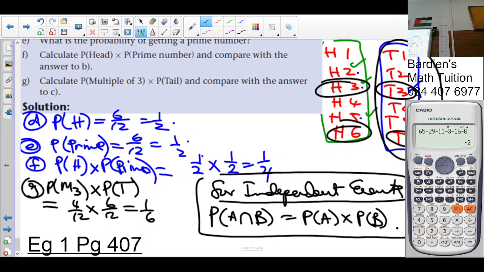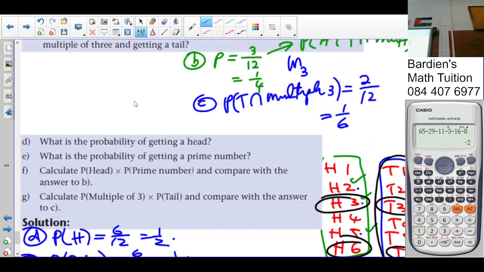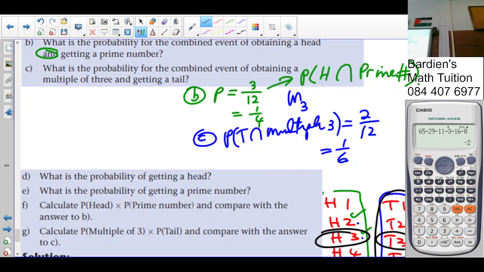Now you compare your answer here in G with the answer in C. What do you notice? They're the same. So if the probability of tails times the probability of a multiple of 3 is equal to the probability of tails intersection multiple of 3, then these events are said to be independent.